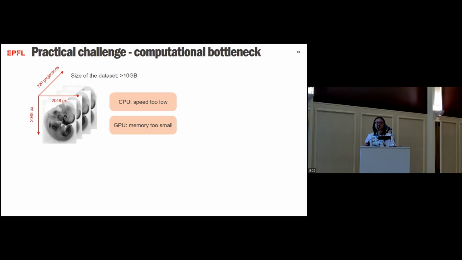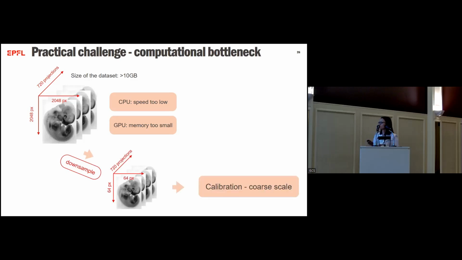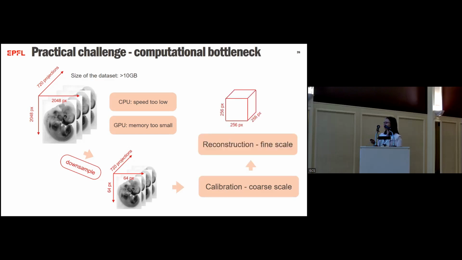And when we try to accelerate it on GPU, we don't have enough memory. So to solve this problem, we downsample the measurements to a smaller scale so that it's feasible for our machine and also not too slow. Then the calibration is done on this coarse scale, and afterwards, we go to a final scale to do the final reconstruction.